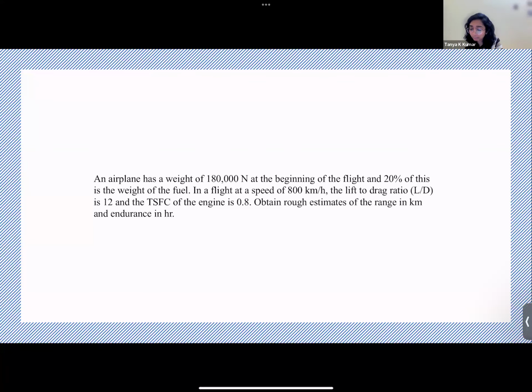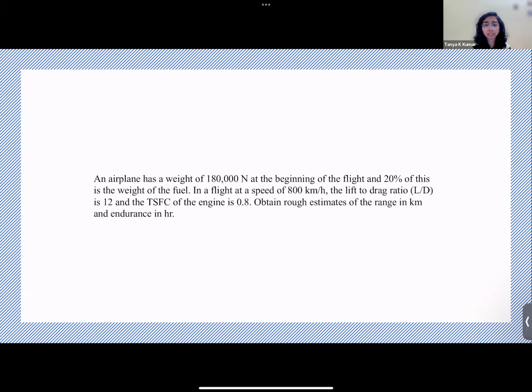So if an airplane has a weight of 180000 Newton at the beginning of the flight and 20% of this is the weight of the fuel, in a flight at a speed of 800 kilometers per hour, the lift to drag ratio is 12 and the thrust specific fuel consumption TSFC of the engine is 0.8.